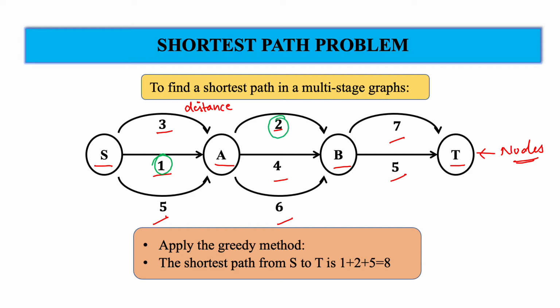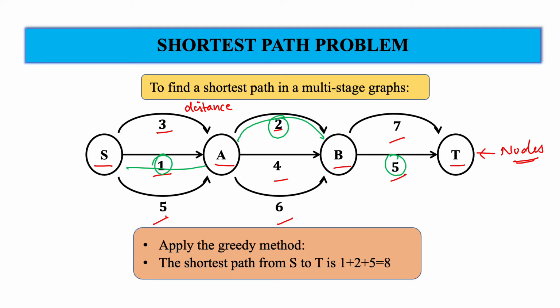So this is minimum from A to B. From S to B, there is a straight path of 1 unit and then the path of 2 units, so the total is 3. From B to T we have two paths, out of which 5 is minimum.